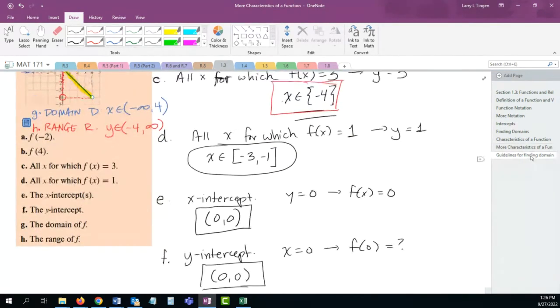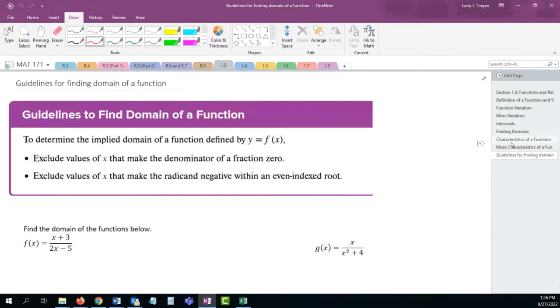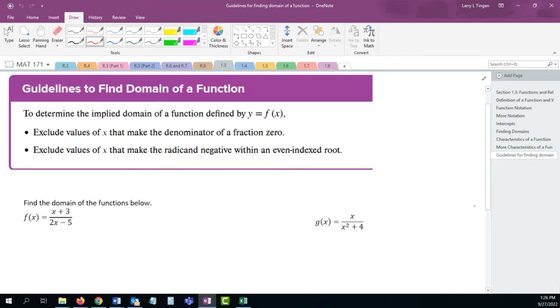So what I've got is I've taken what was page 7 of your notes and moved it to the end, and then I've added these 4 functions. I want to introduce you to the guidelines for finding the domain when you're given a function, not the graph, but the actual function. All right.